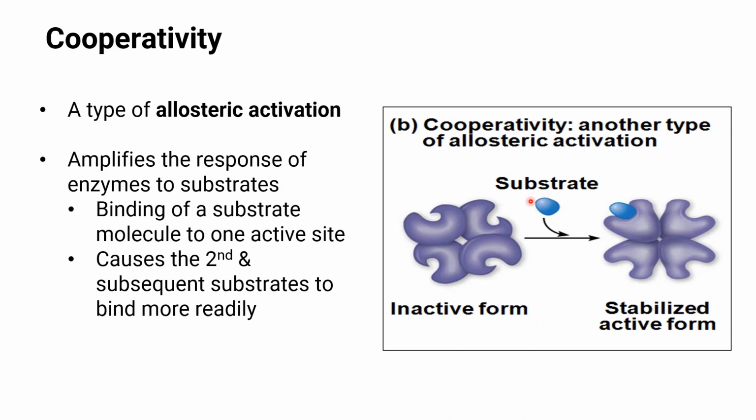You see here, when a substrate binds to one of the active sites, it will cause the second and subsequent substrates to bind more readily. Again, I repeat, the binding of one substrate molecule to the active site of one subunit locks all subunits in active conformation.